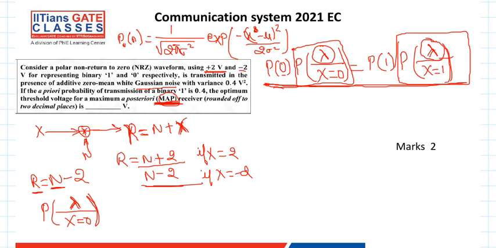And since it is a Gaussian noise with zero mean, as given in the problem itself, this mu value is 0.